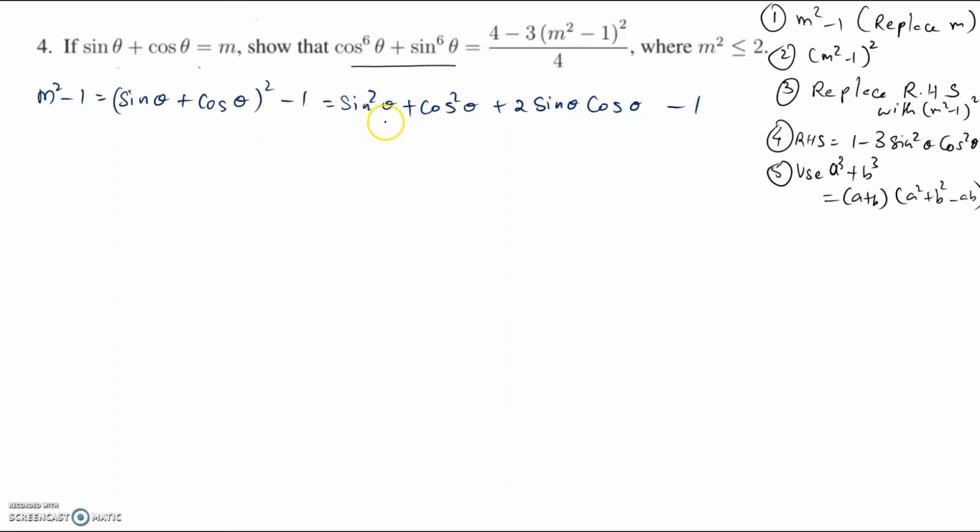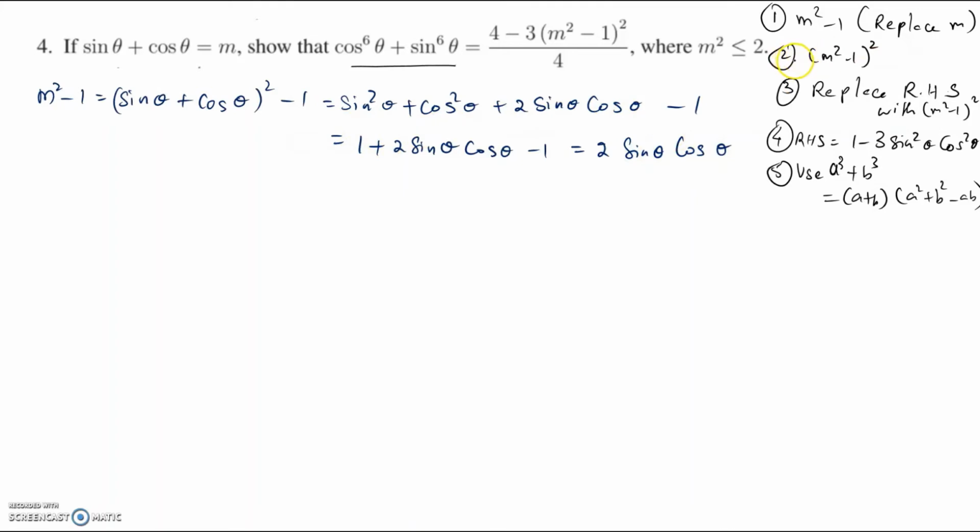We know that our sine squared theta plus cos squared theta will be 1. So 1 minus 1 will be 0. So this is equal to, or I can say 1 plus 2 sine theta cos theta minus 1, which is 2 sine theta cos theta.